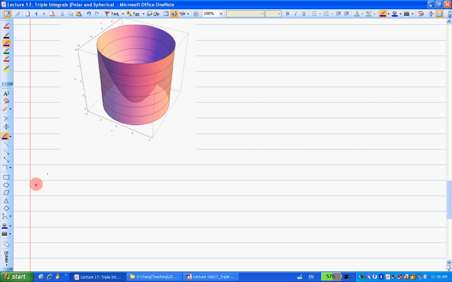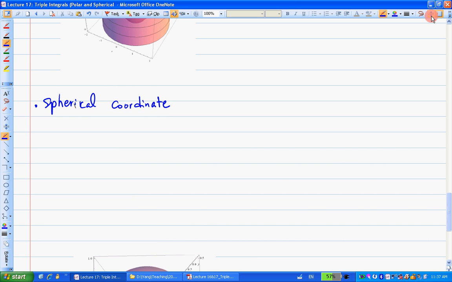Okay, so now we're going into the next coordinate system, spherical coordinates. Let's see what spherical coordinates are first of all.